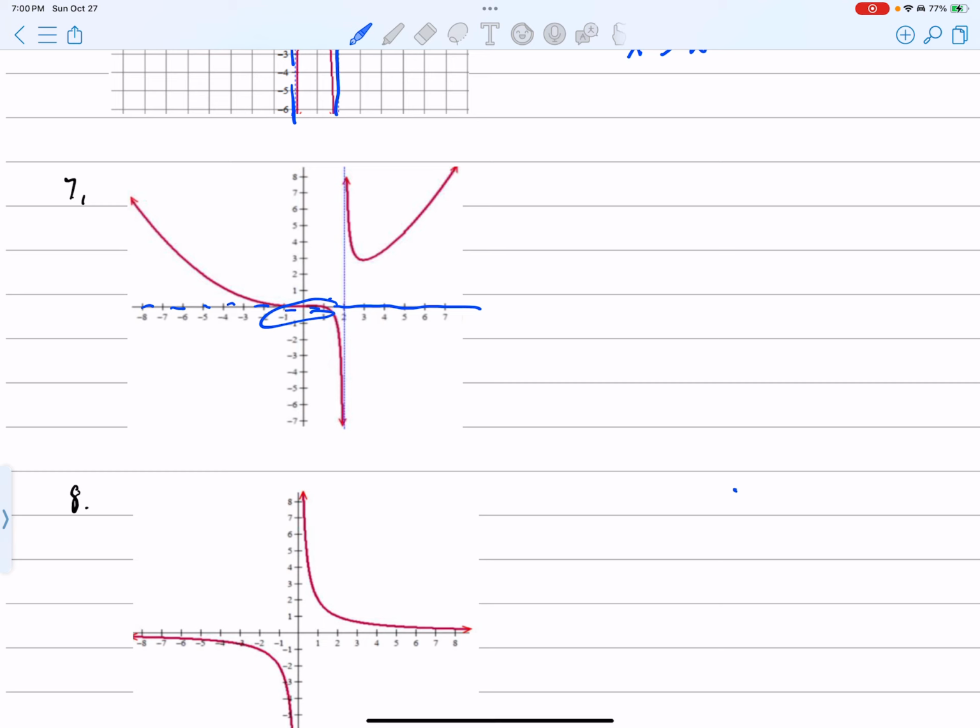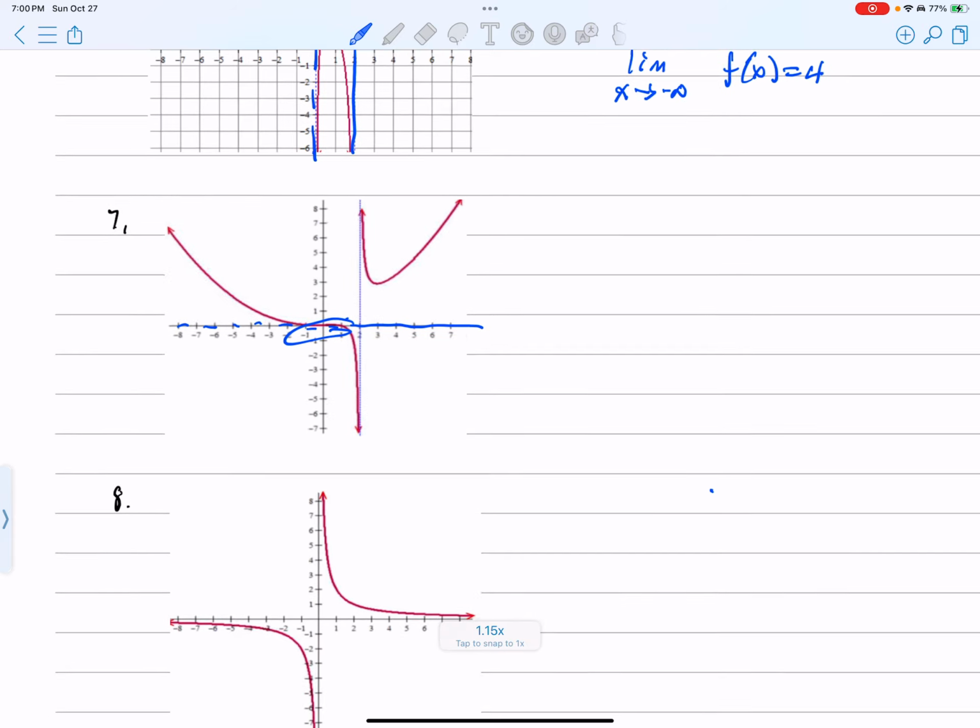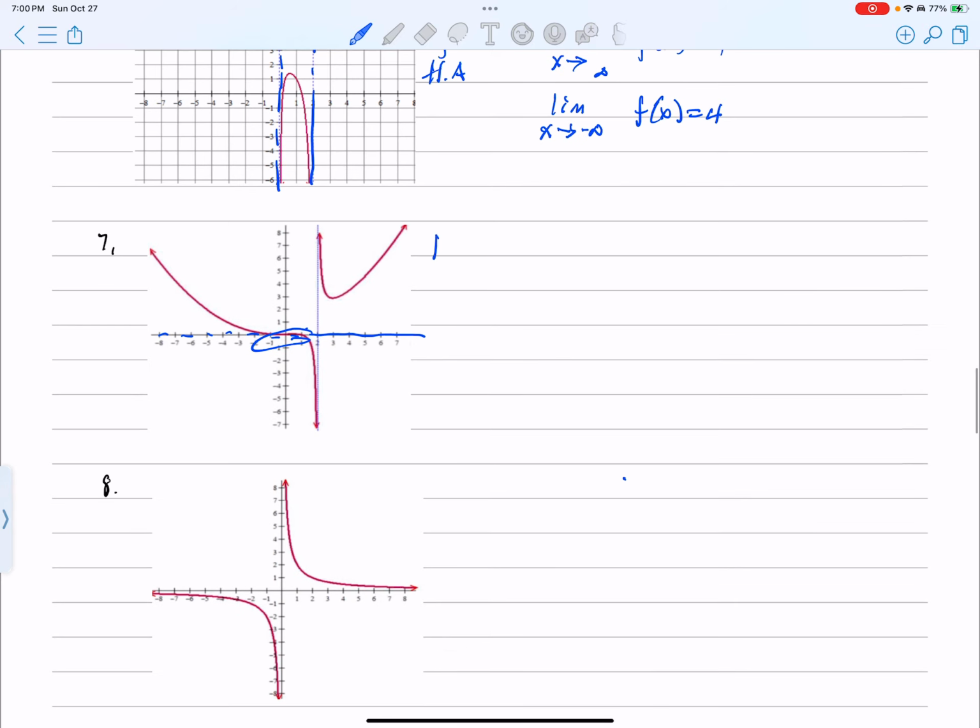So in number 7, we have no asymptote. That means the limit would be a positive or a negative infinity. So here positive infinity, and here negative infinity.